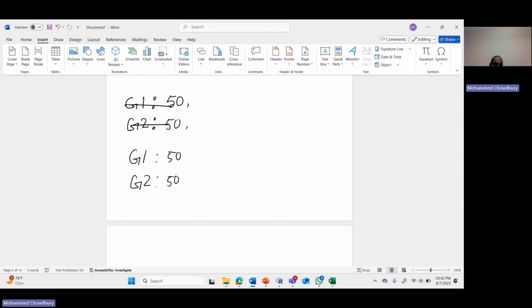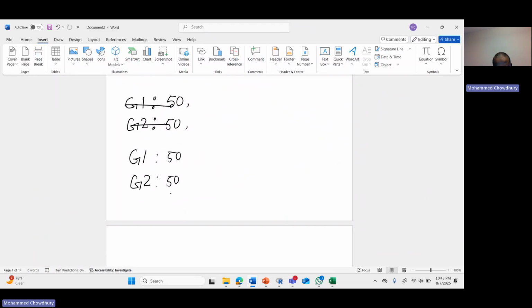First group has 4 students and second group also has 4 students. What would be your immediate thought about the two groups? You will say that the first group has an average of 50, the second group has an average of 50, so both groups are the same. This would be your immediate intuitive answer.